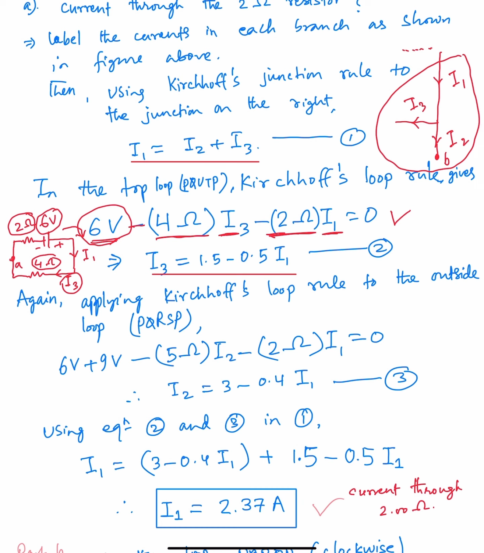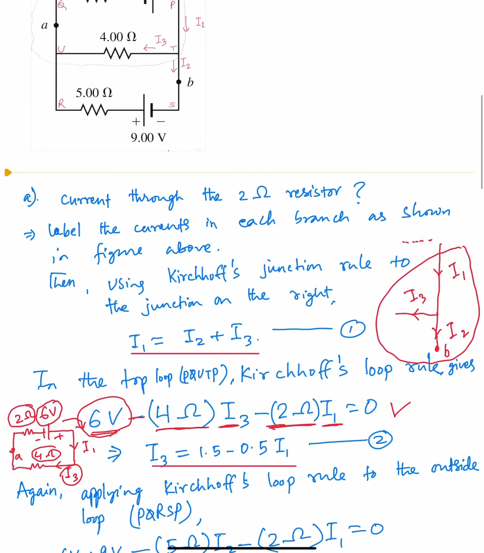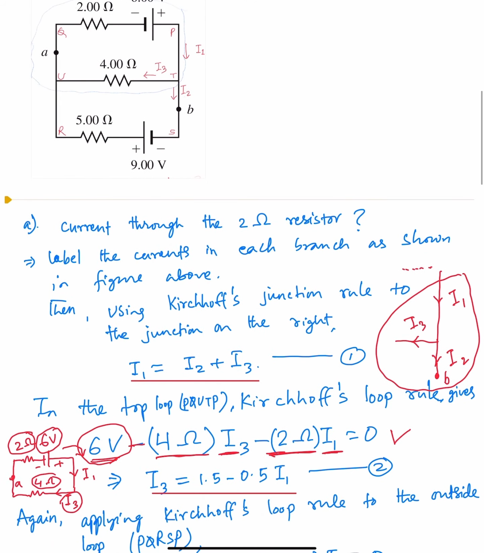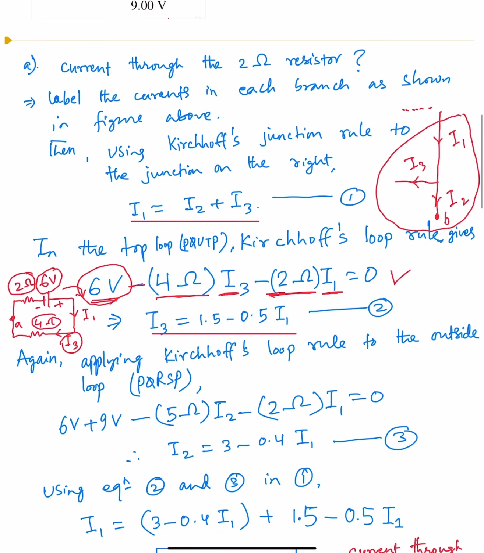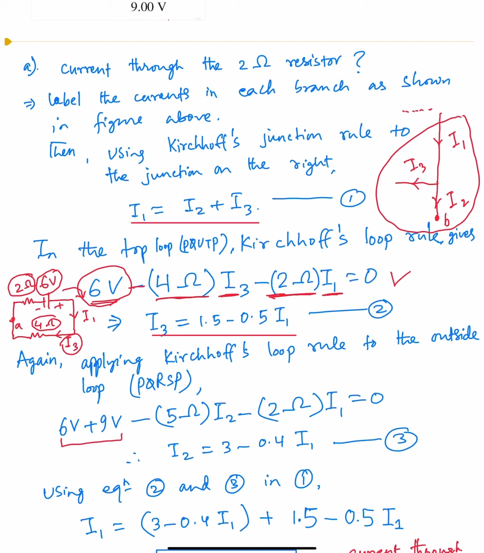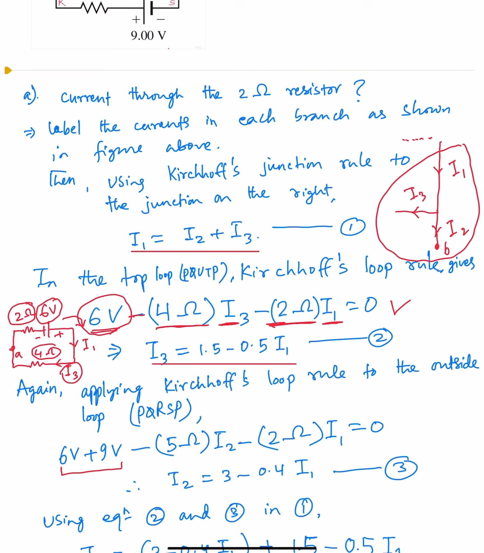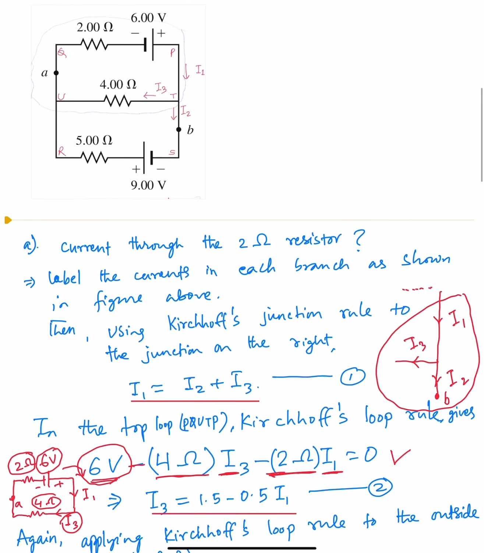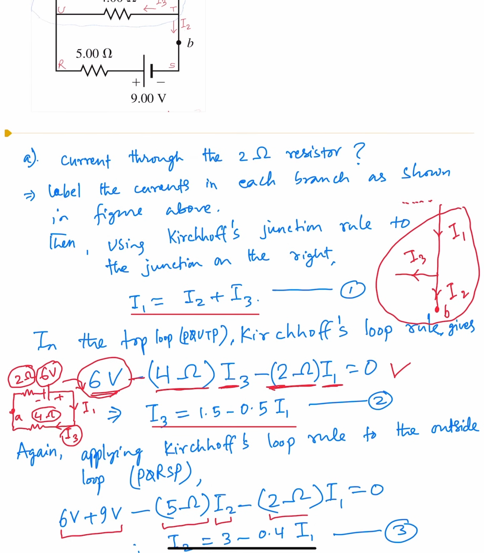Again, you can apply Kirchhoff's loop rule to the outside loop, the outermost loop that contains both batteries, 6 volt and 9 volt, and the 5 ohm and 2 ohm resistances. The total supply would be 6 volt plus 9 volt, and this is the 5 ohm resistance with current I2, and on the upper side there is a 2 ohm resistance with current I1.